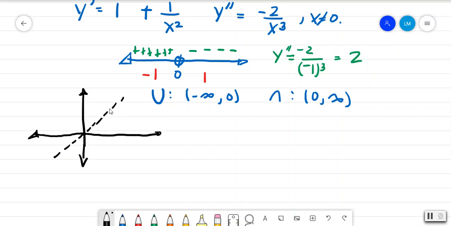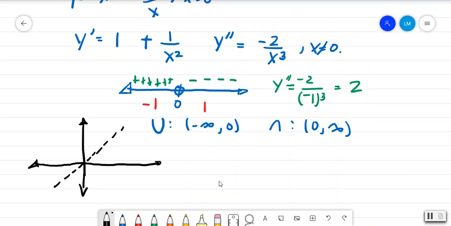And it's undefined at 0, by the way. Okay, but in this case, it's concave down from 0 to infinity, and then you have that it's concave up from negative infinity to 0.